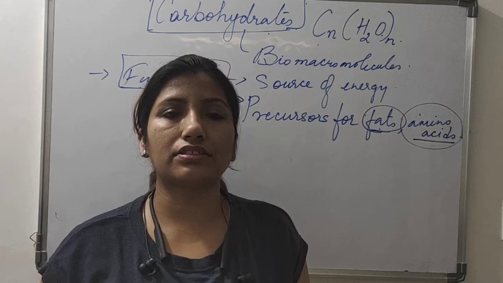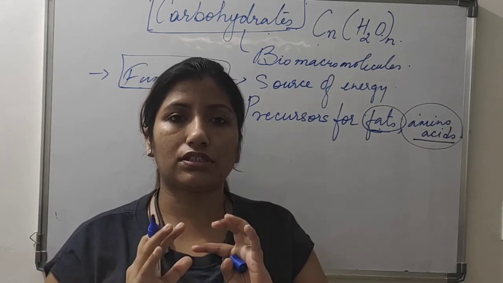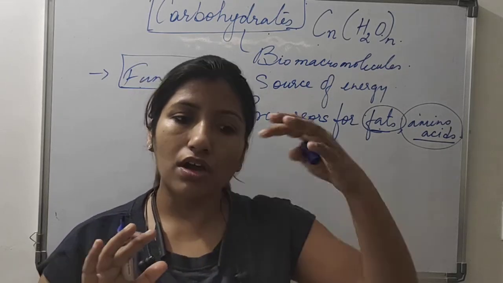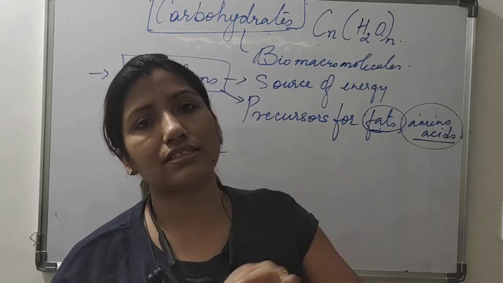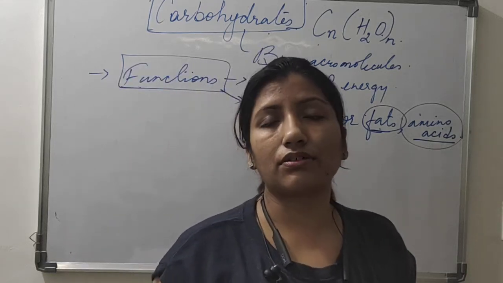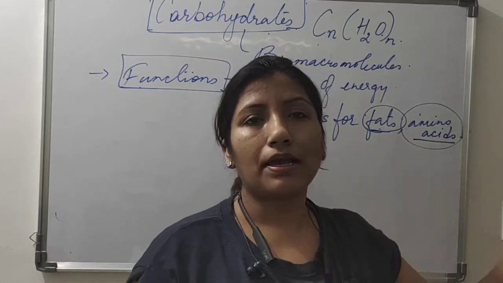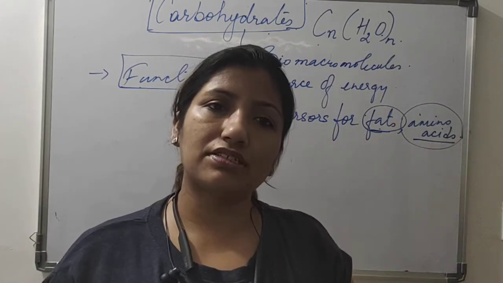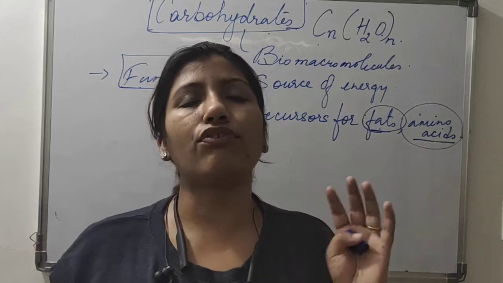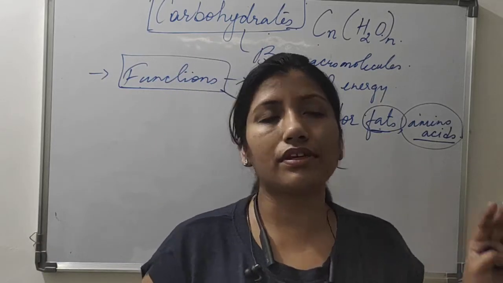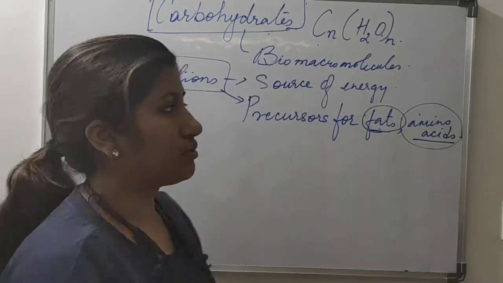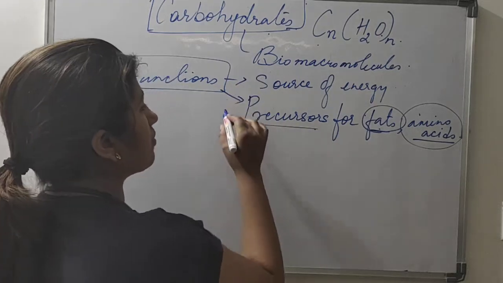So it is the precursor; the first compound is carbohydrate. Somehow carbohydrate gets converted to fats, or to amino acid, by combining with some functional group or some other element, but the precursor is the carbohydrate.